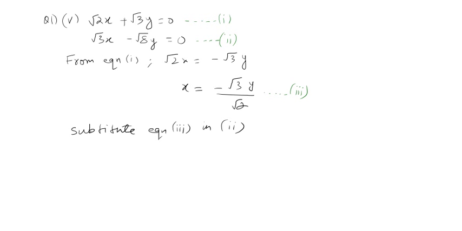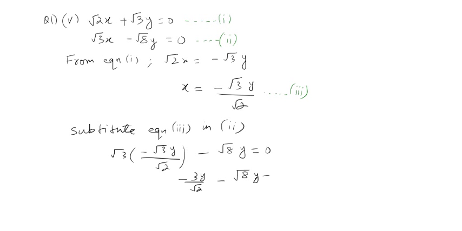I'll substitute under root 3 as it is, but in place of x I am writing minus under root 3y upon under root 2, minus root 8y is equal to 0. Now under root 3 into under root 3 is 3, and with the minus, so minus 3y upon under root 2 minus under root 8 is equal to 0.